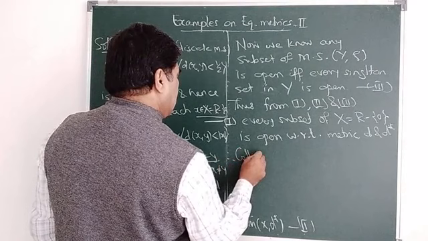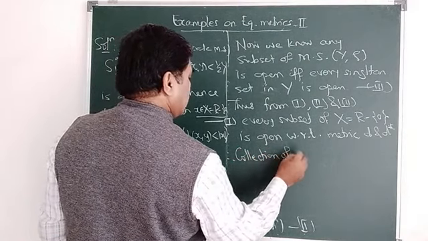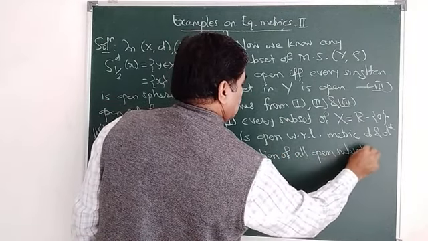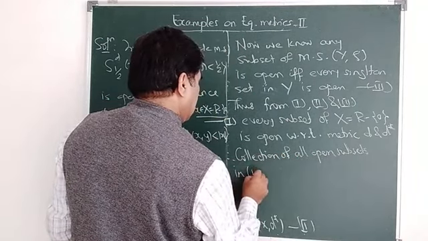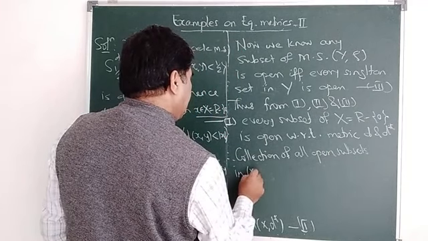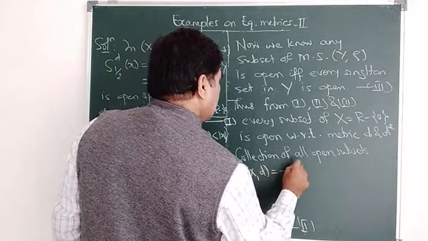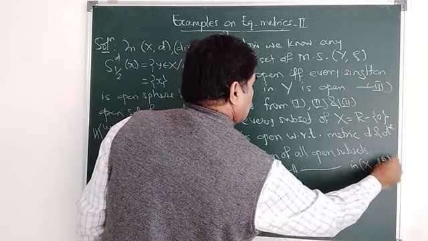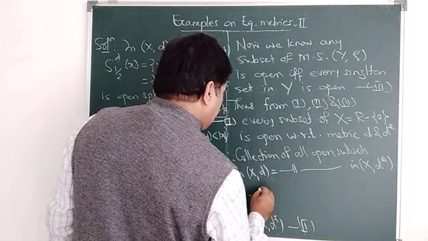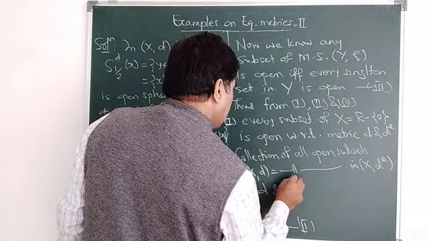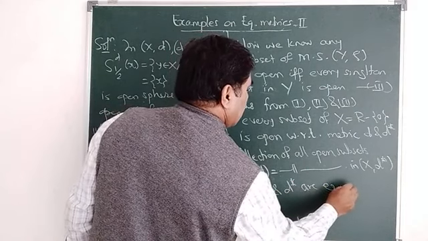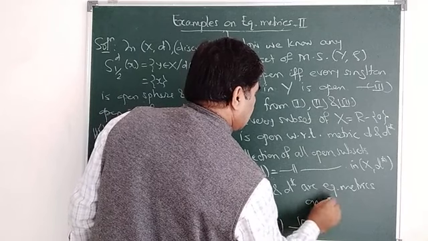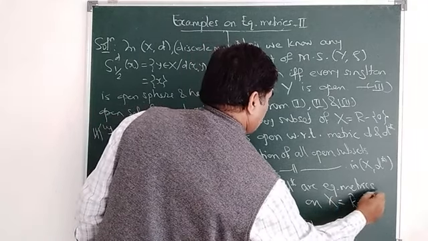Therefore, the collection of all open subsets in X D is equivalent to the collection of all open sets in X D star, and therefore d and d star are equivalent matrix on x is equal to R minus 0.